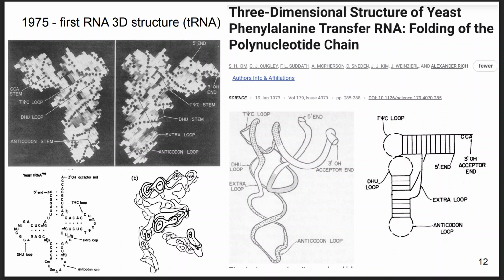We have these four stems, where a stem is a stack of consecutive base pairs, and they are organized in two pairs of coaxially stacked stems. These two stems are coaxially stacked with each other, and these two stems are coaxially stacked with each other. And between these two loops we have some long-range interactions that let the molecule assume the L shape. So now we know all this.